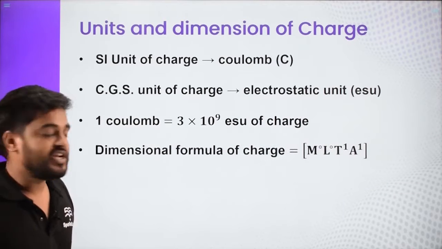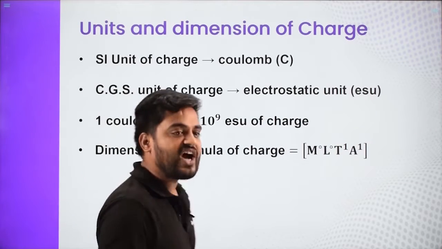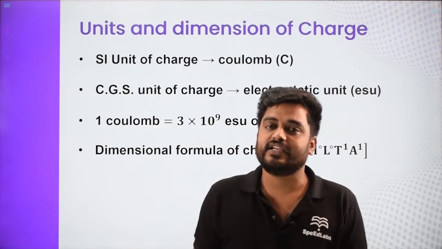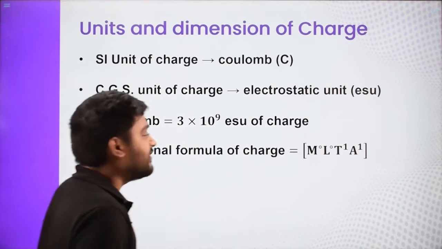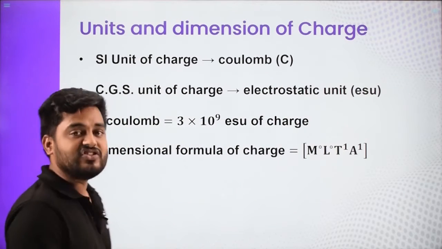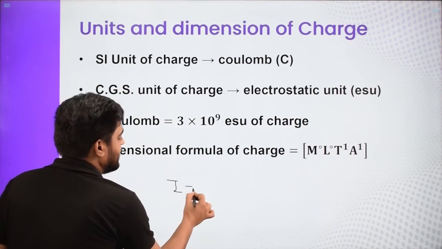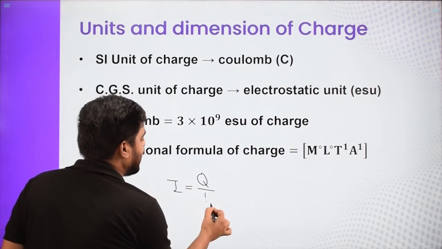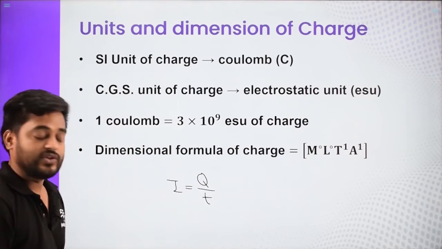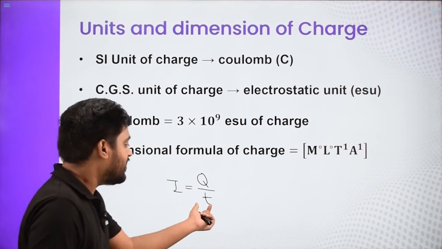And what about the dimensional formula? Charge is not a fundamental quantity. The fundamental quantity is the current, so we need to relate the charge to the current. Everyone knows that current is nothing but charge upon time, the charge flowing through a conductor divided by time.